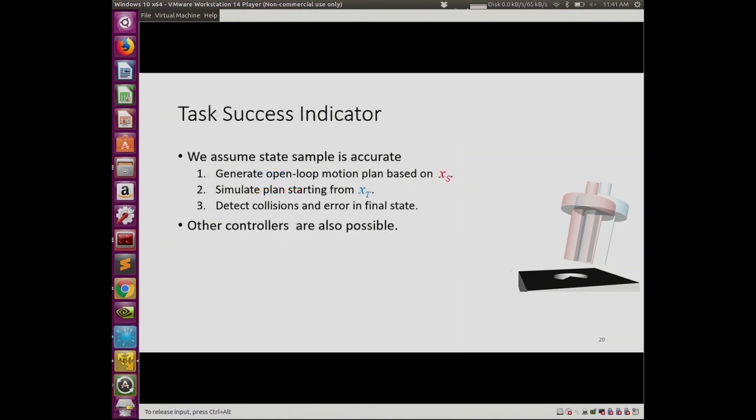In this case, the way that we compute the indicator is the following. We start from the posterior pose. We build an open loop control. We simulate the execution of that controller starting from the latent pose. And while we do that, we reason about possible collisions and errors in the final state.